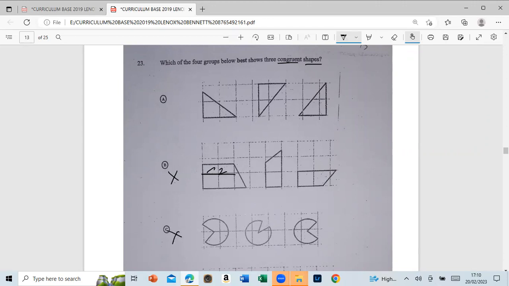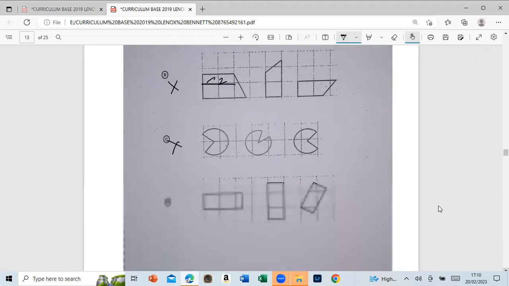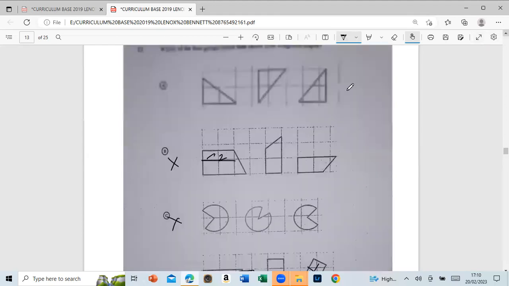Let's see if this one. Okay, this is too small. It wasn't similar, so it's big. This one is too small compared to this. It's not the same size. And this one seems to have a little piece here, so it's not a full 3, it's a 2.5. This should have come right here, so okay, congruent. Alright, so very nice questions.